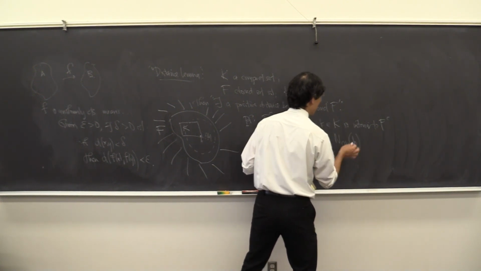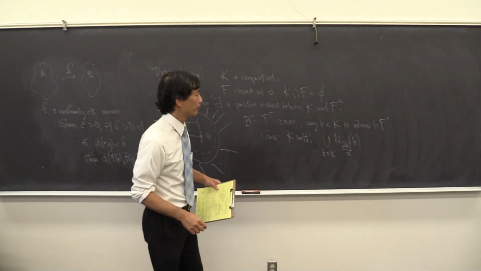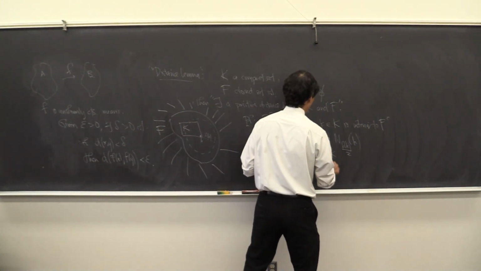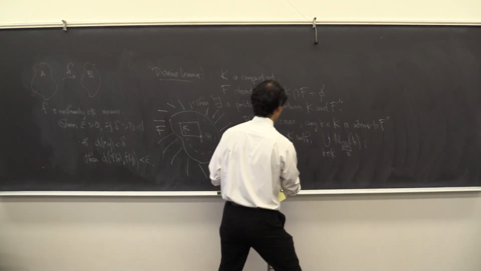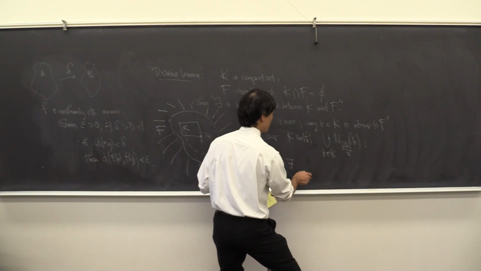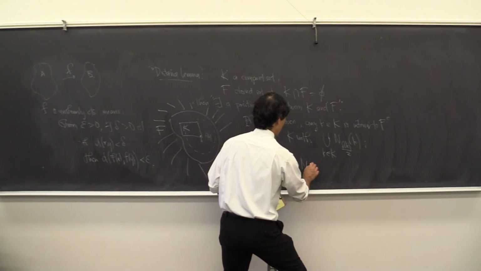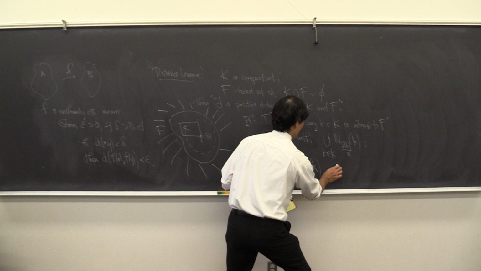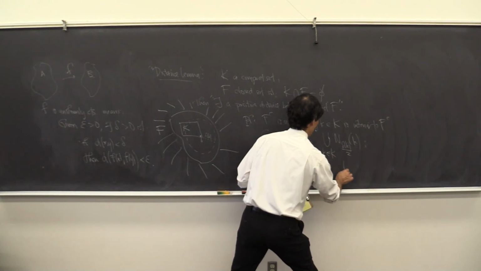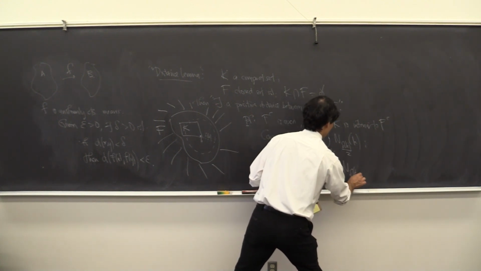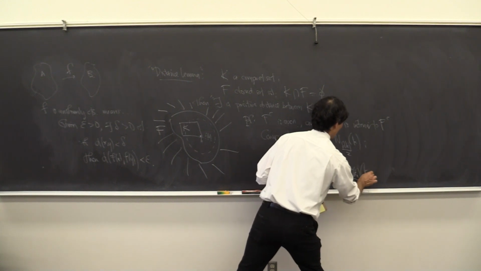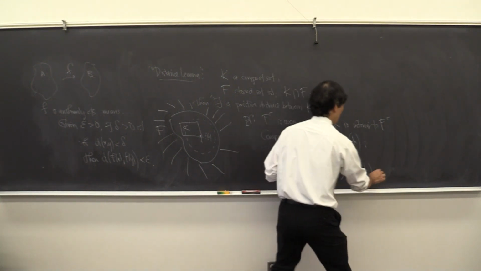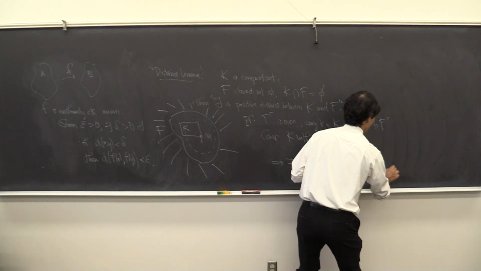Then by compactness, there exist k1 through kn with radii delta k1 through delta kn, a finite subcover.